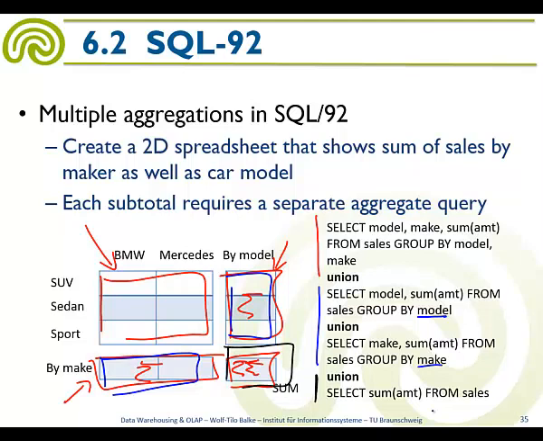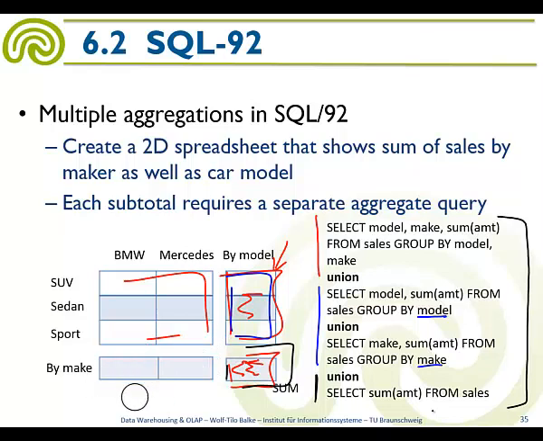Down here, you sum up everything from the sales table, right? You see, this is a fourfold union of individual queries to get what we get in an OLAP spreadsheet, right? Very complex to do. Could that be easier in SQL? Yes, and this is why they provided new operators.